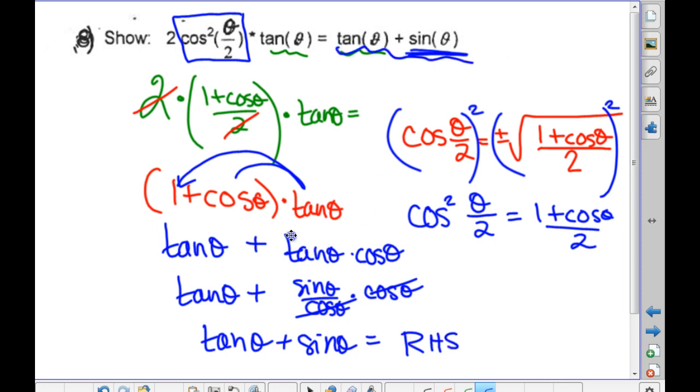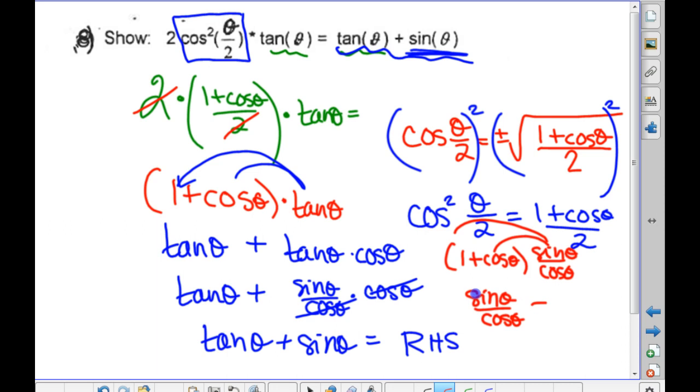Now, do you want me to talk about if I traded it to a sine and cosine, what would have happened here? If I would have traded this right here so that it said 1 plus cosine times sine over cosine, when I distributed it, I would have had sine over cosine plus, and this one times this, the cosines would have canceled, so I would have had sine.